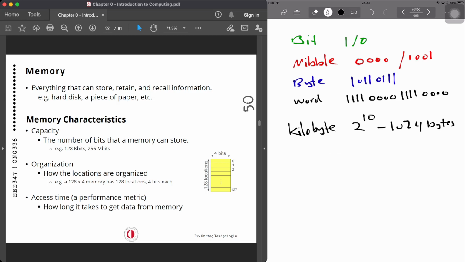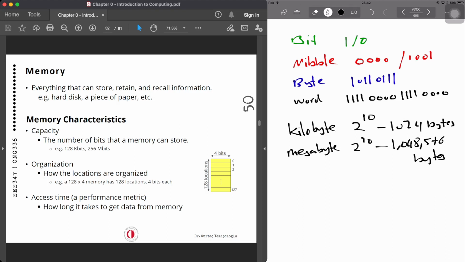A megabyte is 2 to the power 20. It goes like that. We generally call it 1 million bytes. And a gigabyte is 2 to the power 30, about 1 billion, and a terabyte is 2 to the power 40, about 1 trillion, and so on.